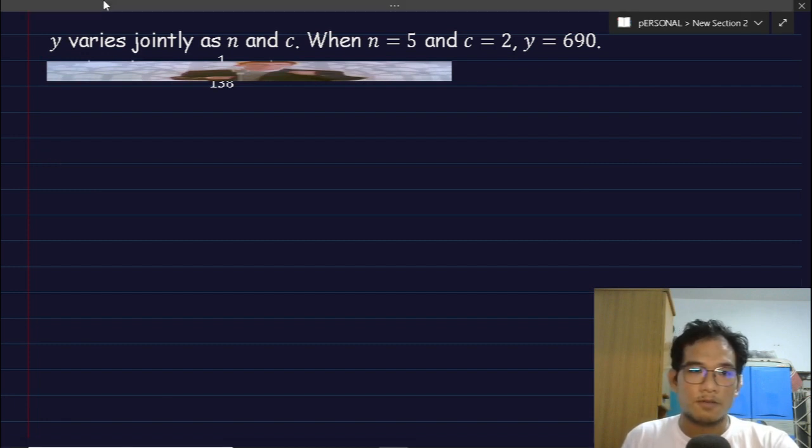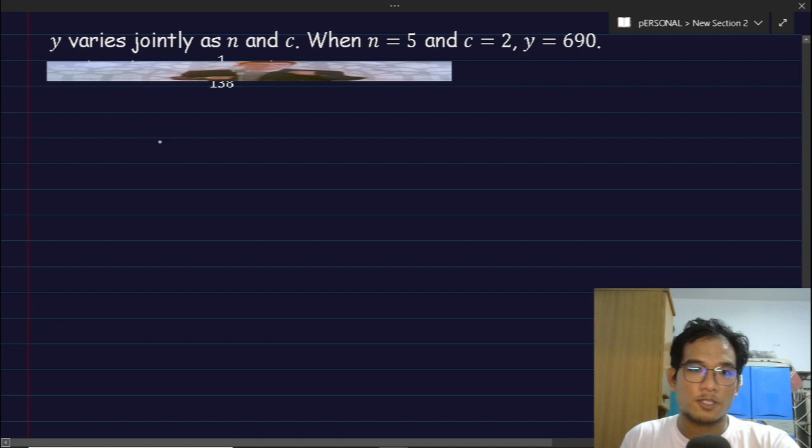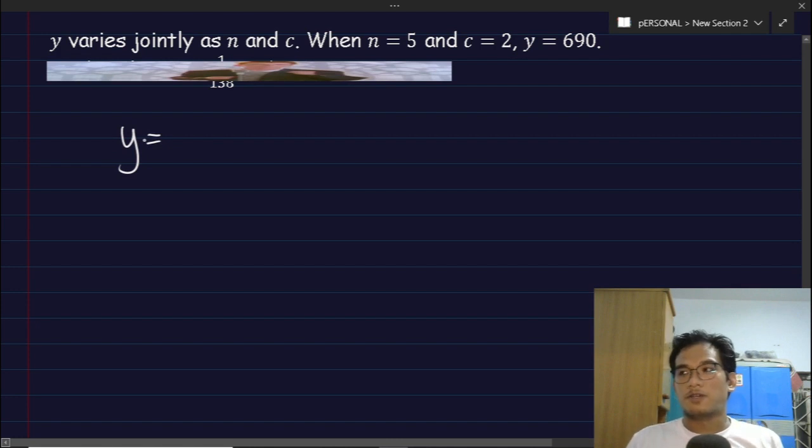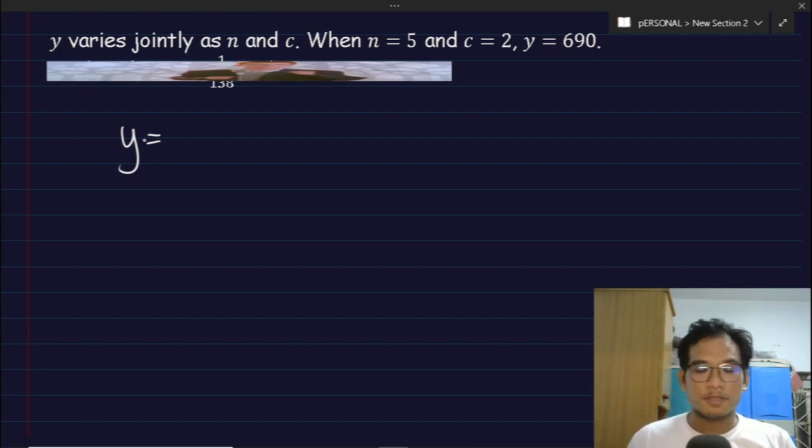Okay, so according to the problem, y varies jointly as n and c. And something that we need to remember is when y varies jointly with two variables, or 2, 3, or kahit ilan pa sila, what it means is that y varies directly with all of those variables.